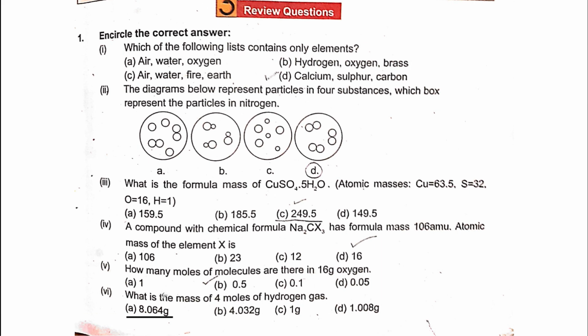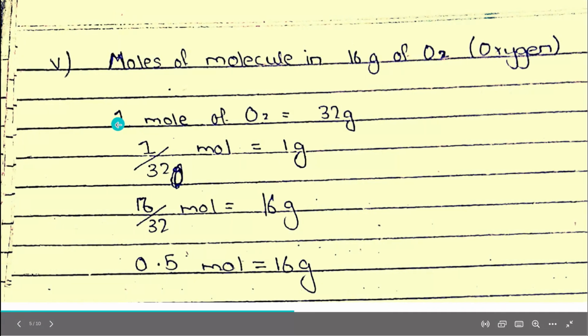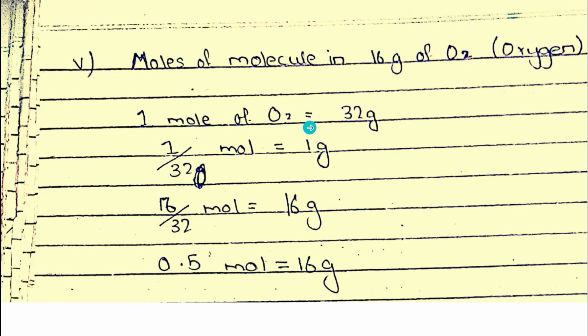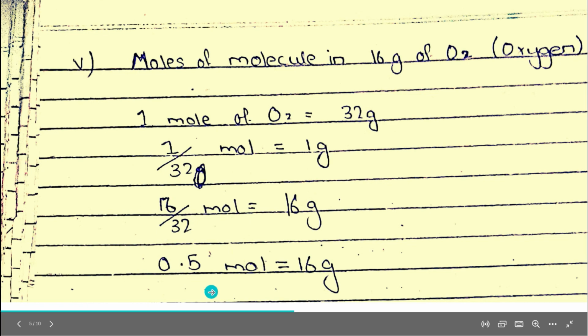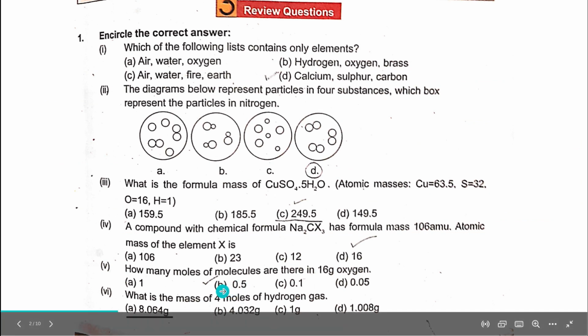So 1 mole of oxygen will contain 32 grams of oxygen. Let me just explain it to you here. Now 1 mole of O2 is equal to 32 grams. In order to find 1 gram of O2, it is equal to 1 over 32 moles. And when we say 16 grams, we divide 16 by 32. Now the answer is 0.5 moles is equal to 16 grams. So the correct answer is B.